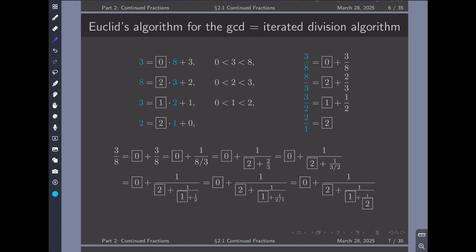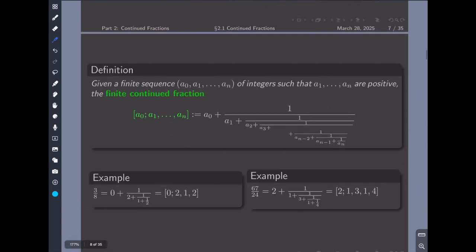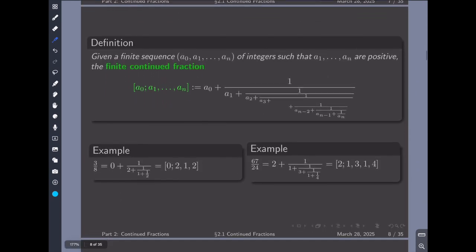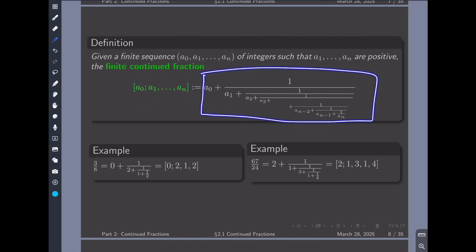Okay, so if you now give me a finite sequence of integers, the first one of which, the 0th one, may be negative, but the other ones I always take positive, we define the continued fraction, and we use this notation, to be the rational number that you obtain by performing precisely those operations.